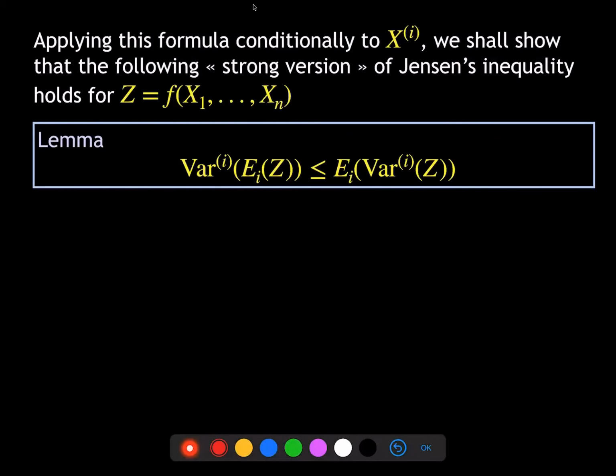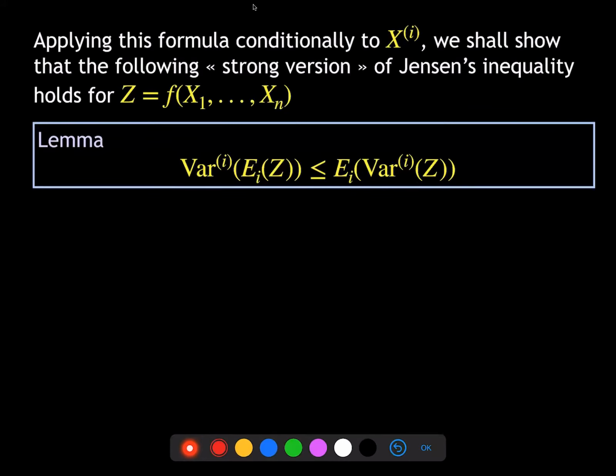And now we shall see in a moment that when you use this duality formula on the conditional variance, you use it conditionally to x bracket I. Remember that x bracket I is the vector with coordinates which are all the xj but xi; you remove xi.